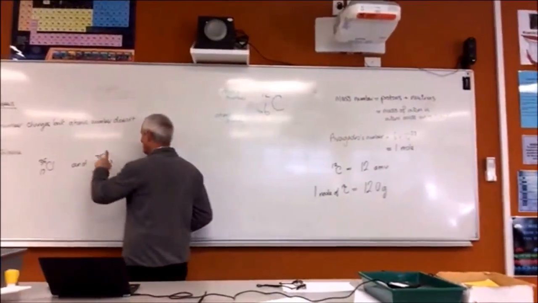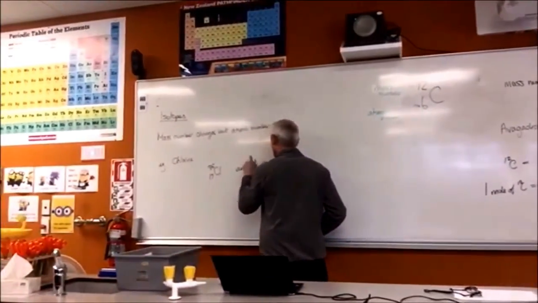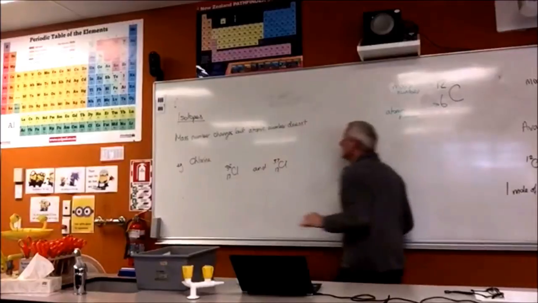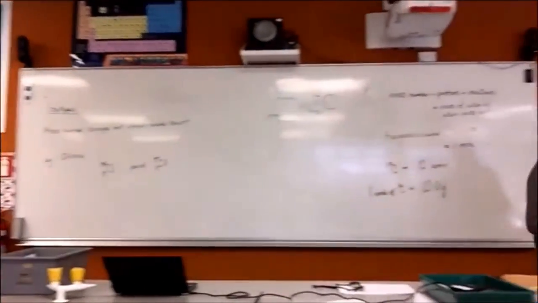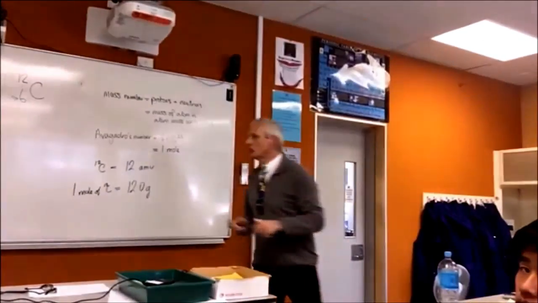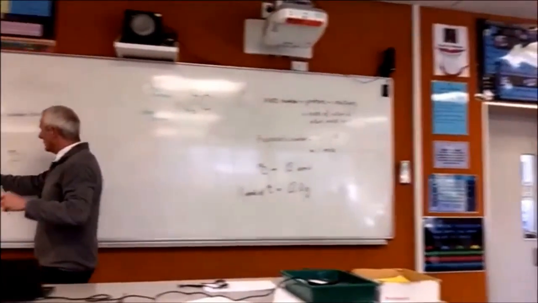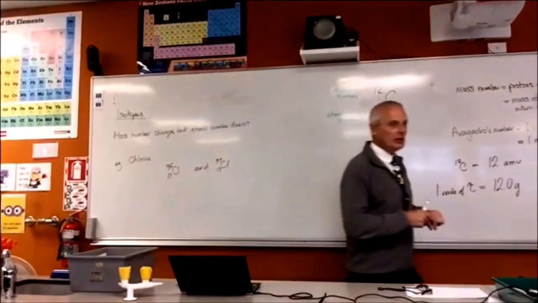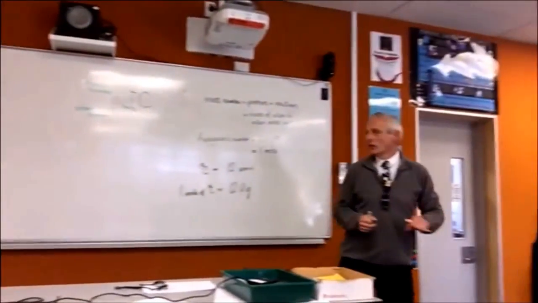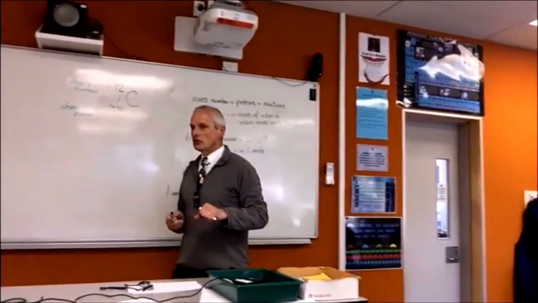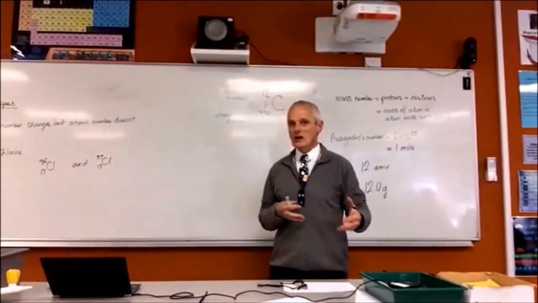No, I've done it wrong. That should be 37. I was right first time. So we've got 2 isotopes, chlorine 35 and chlorine 37. We know they're both chlorine because they've both got an atomic number of 17. But the difference is that chlorine 37 has an extra 2 neutrons, so it's got a higher mass.